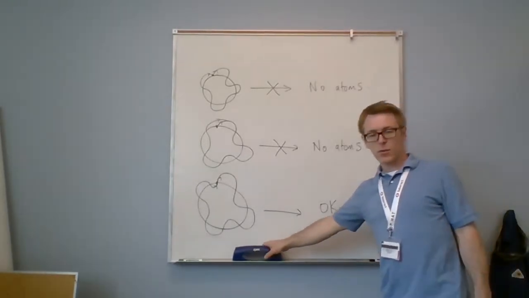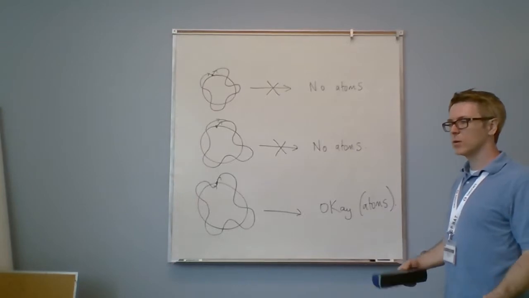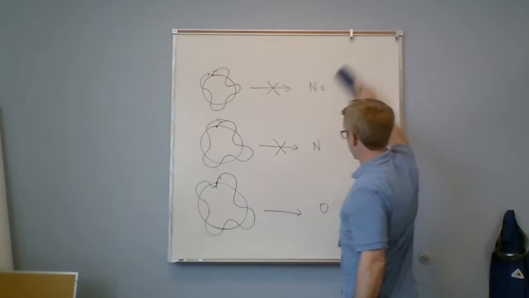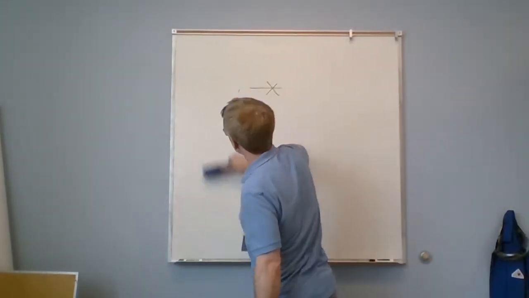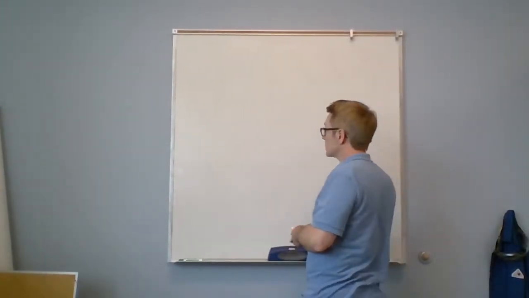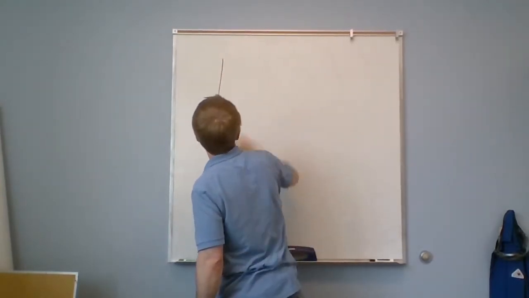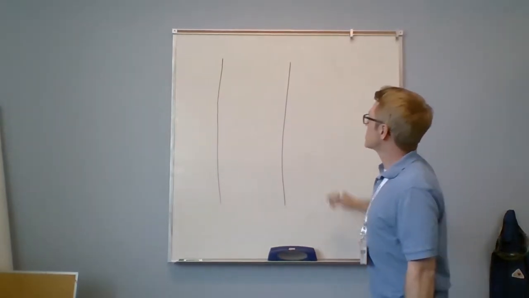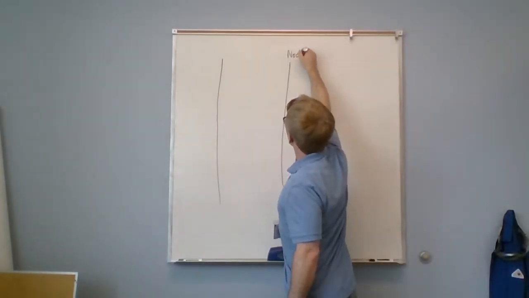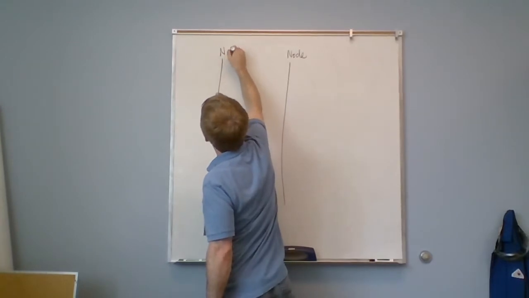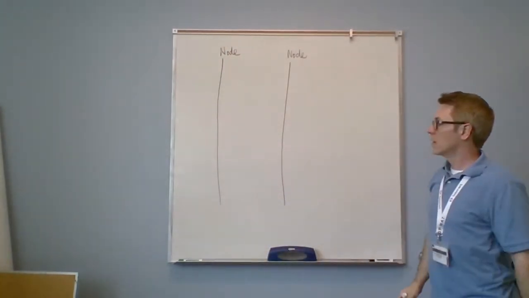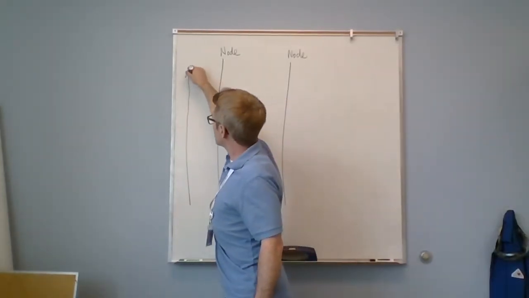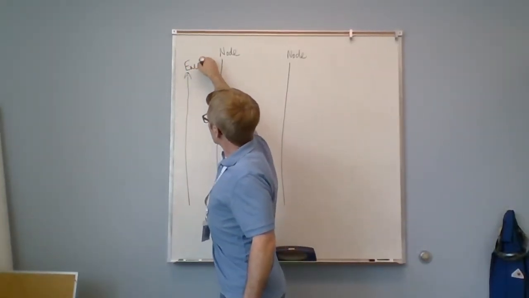So I'll quickly erase the board and we'll look at some key ideas. We'll formalize this in a cohesive way. If we imagine that these are two nodes, and let's say on this diagram I have energy going this way.